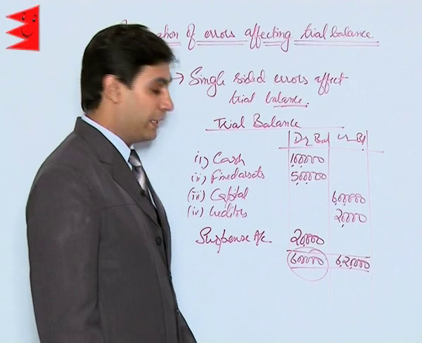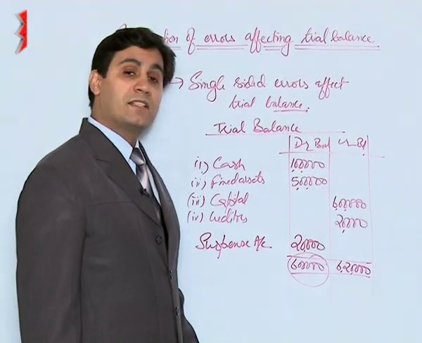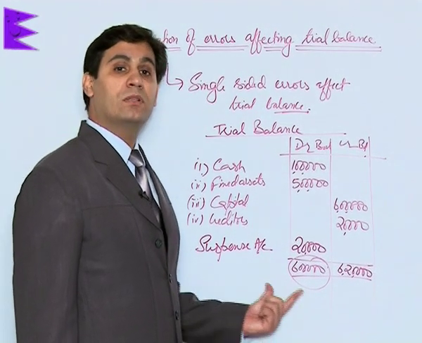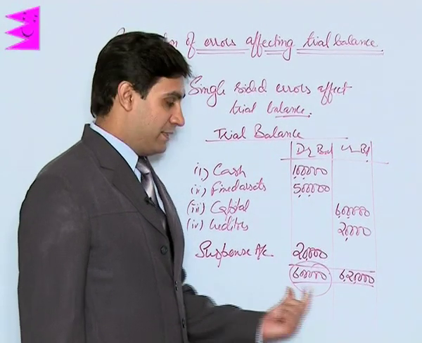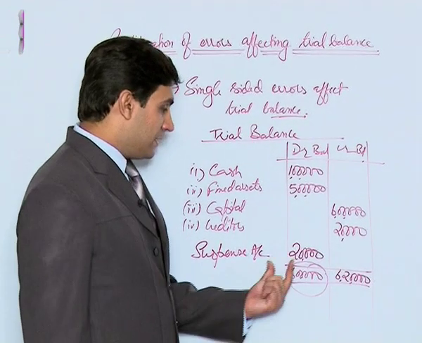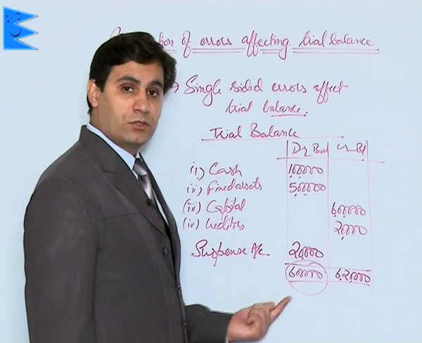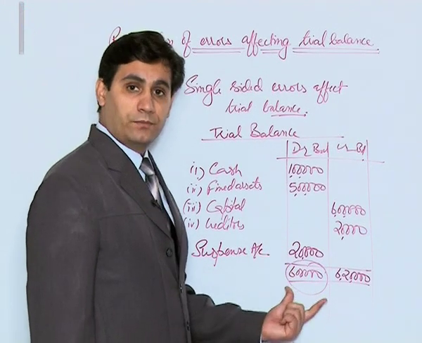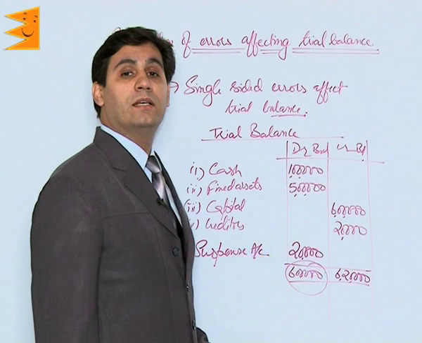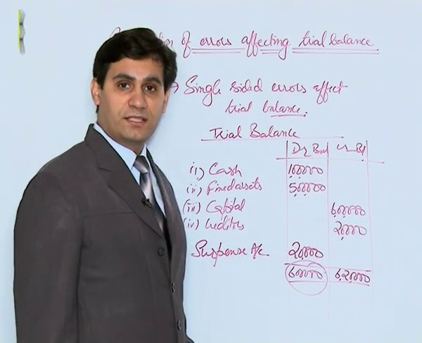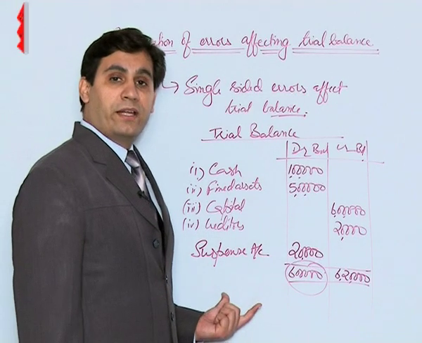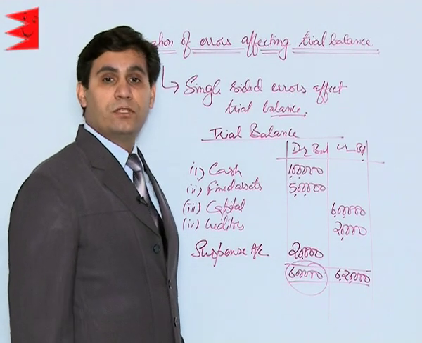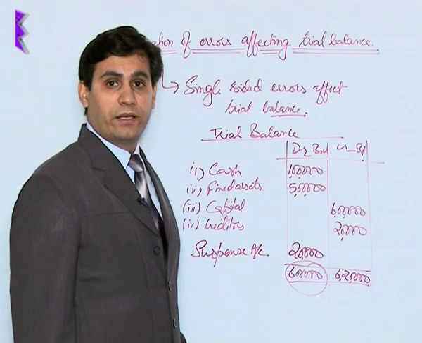Again, just to recall, suspense account is actually put on the side which has shorter of the two balances. So now in this case, debit side was short by 20,000, so suspense account would be put here and the accountant can proceed to prepare financial statements. Later on, when the errors are actually located, then the suspense account would be used to rectify those errors.